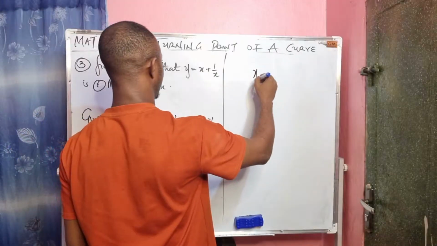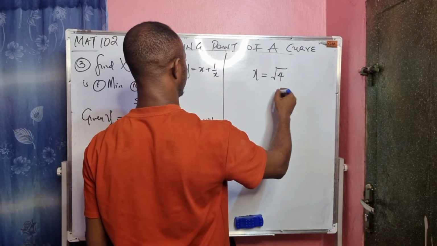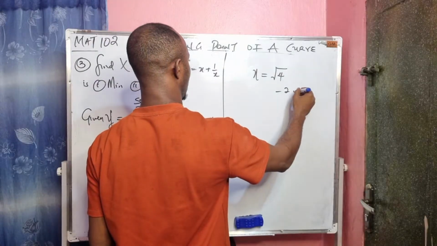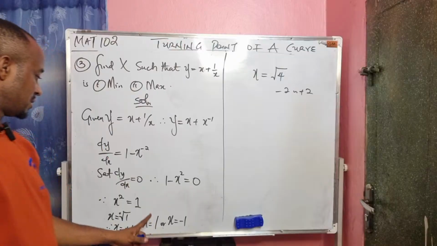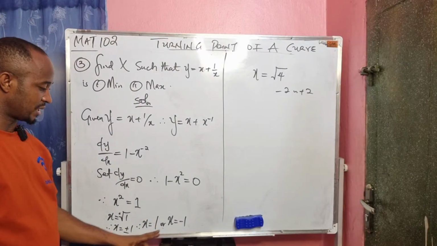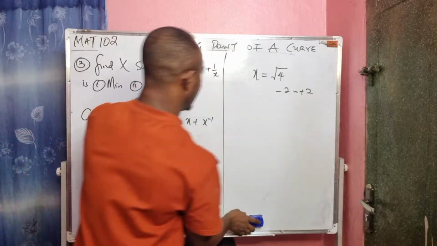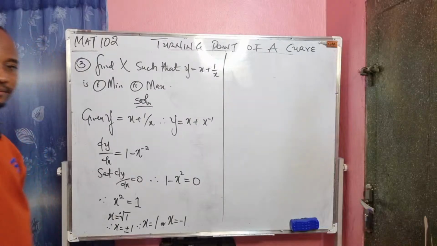For example, if I'm to find the root of 4, I'm going to have minus 2 or plus 2. So the root of 1 is plus 1 or minus 1. Now we have two possible values of x.